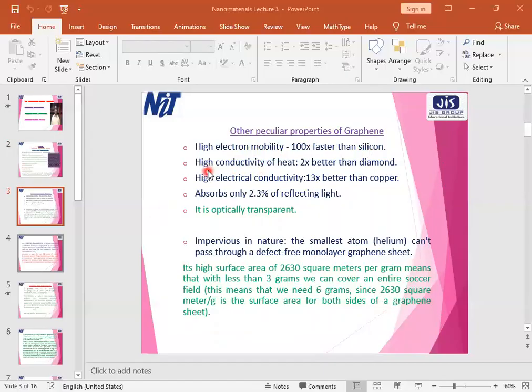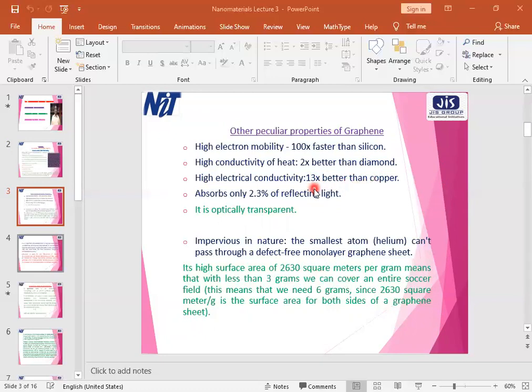It has high conductivity of heat, 2 times better than diamond. High electrical conductivity, 13 times better than copper. We know that copper is the second best conductor in the world. Silver is the best conductor in the world and copper is the second best. And the conductivity of graphene is 13 times better than copper.